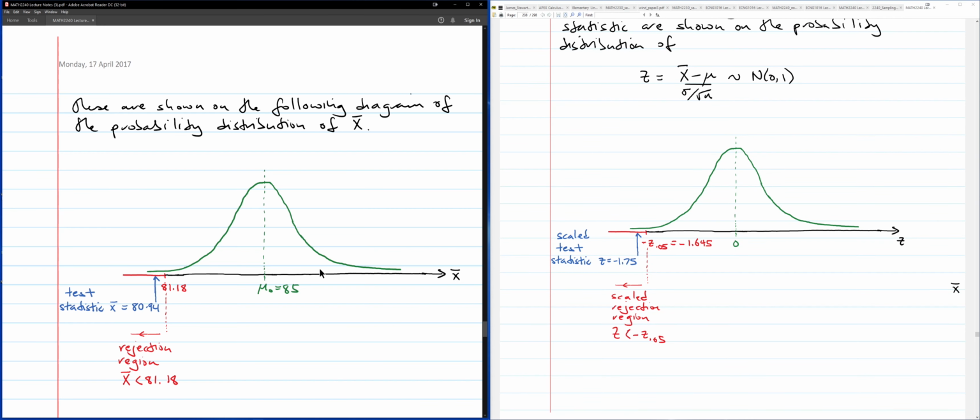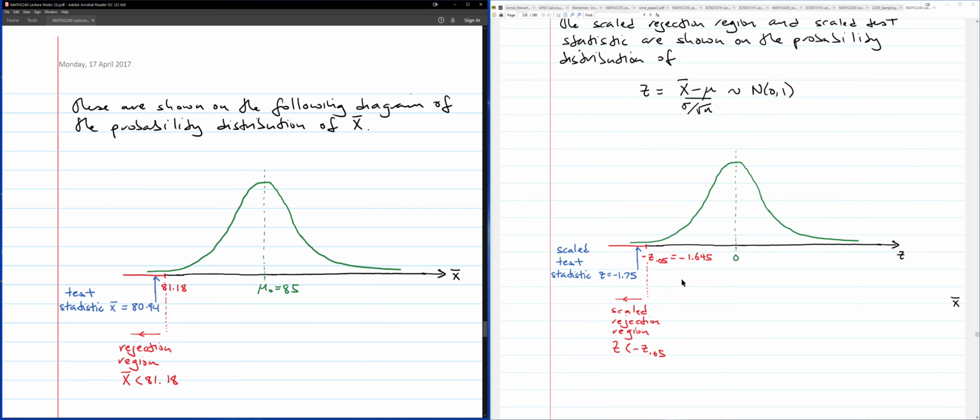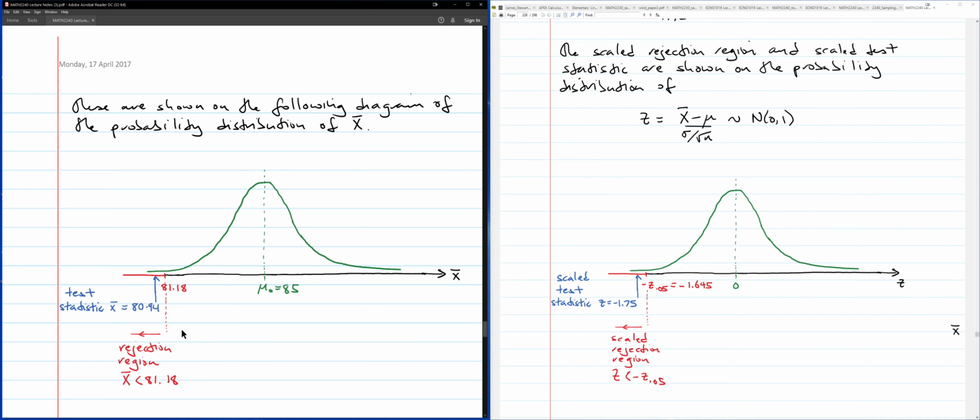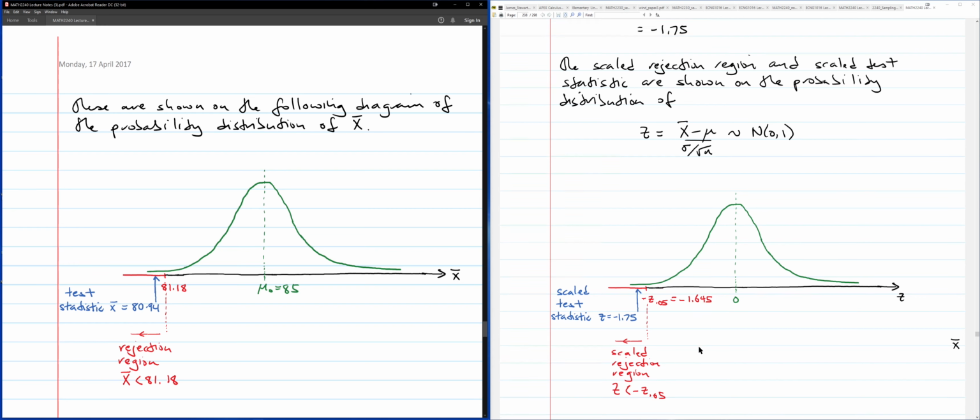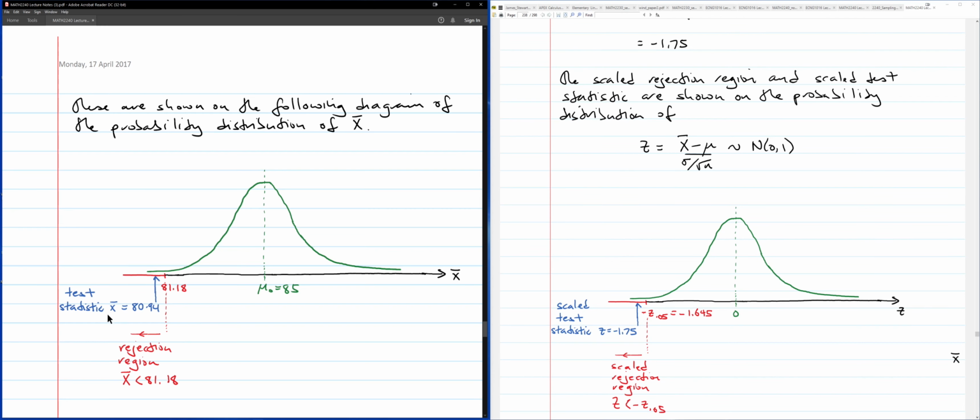Well, what do you need to decide in your problem? What you need is a rejection region and a test statistic. So what's the rejection region when you scale it? The rejection region is that the big Z is less than minus Z.05. And the test statistic is also going to scale.